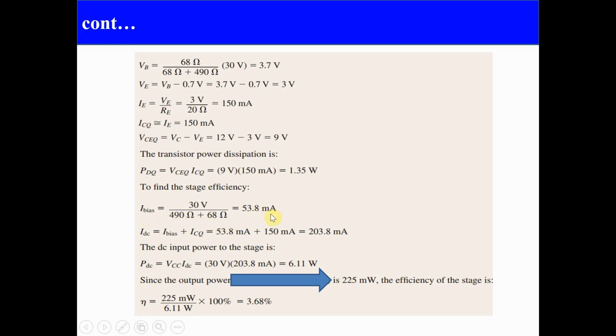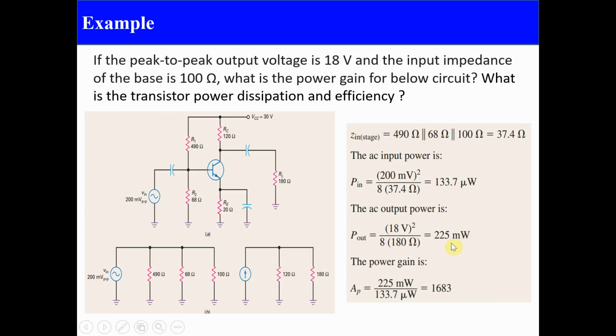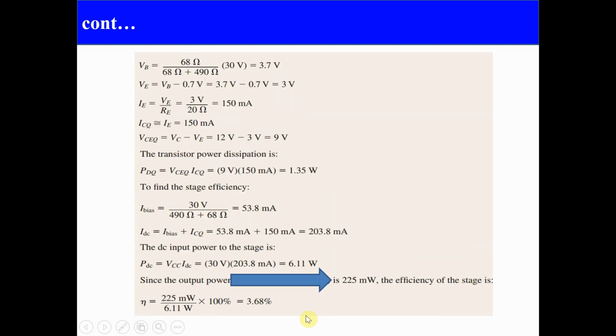That will give you I bias, and ICQ we got here. This way we can find PDC, and the output power we have already calculated. Now substitute into this equation, and it gives 3.68 percent.